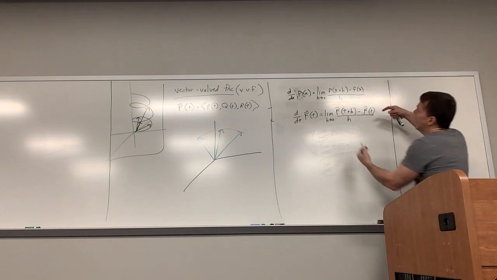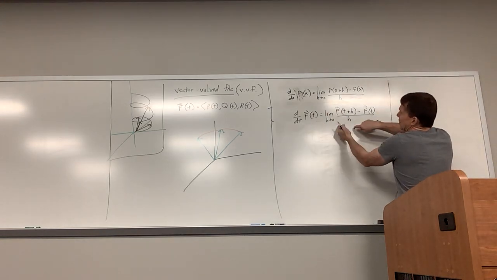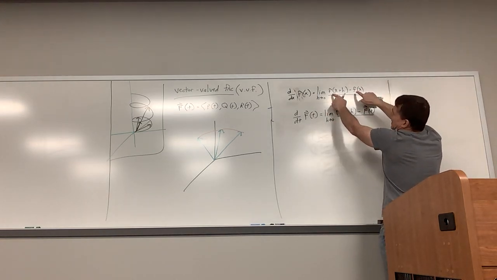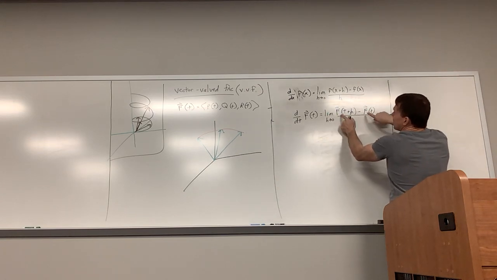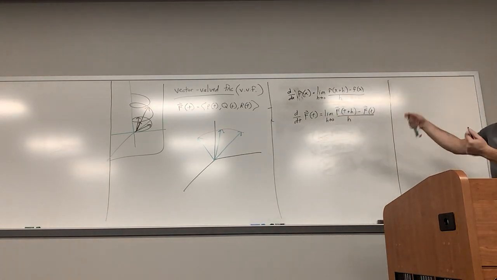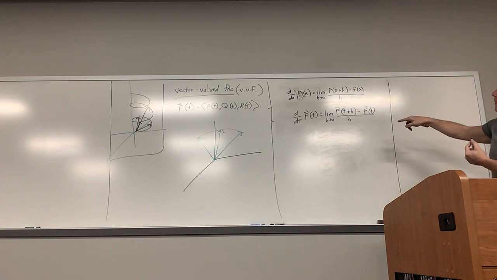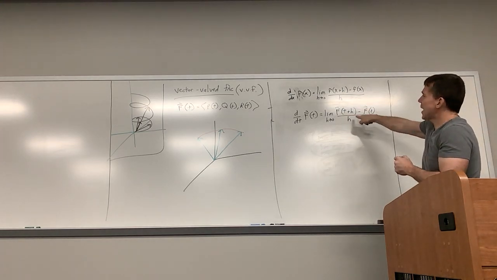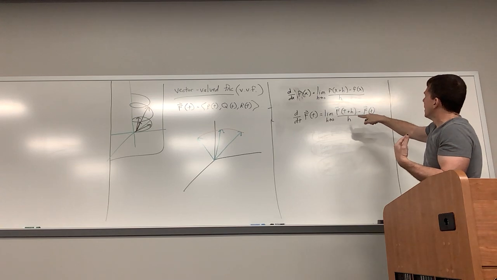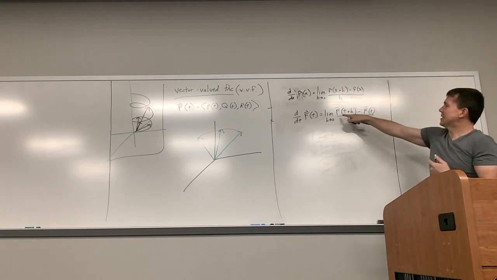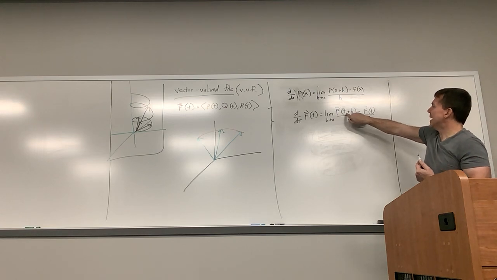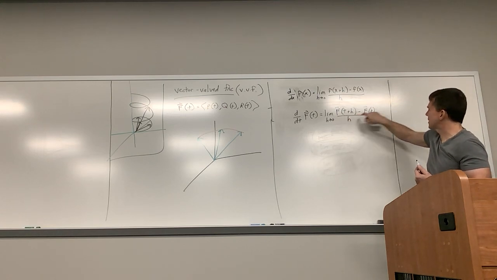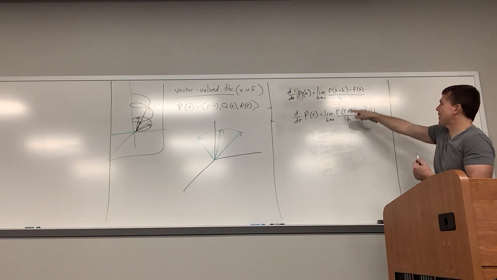Here I just rewrote the definition in terms of the limit, but instead of the single variable function f, I'm using the vector valued function, also f. But then, how do I actually calculate that? Since this is a vector valued function, I know my properties of vectors. Addition and subtraction of vectors is defined easily.